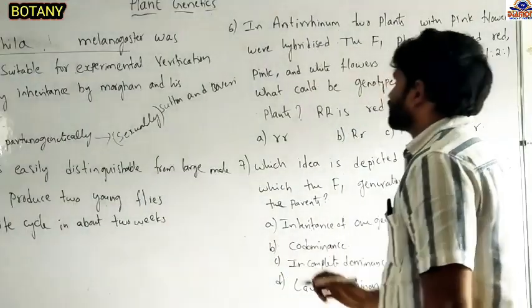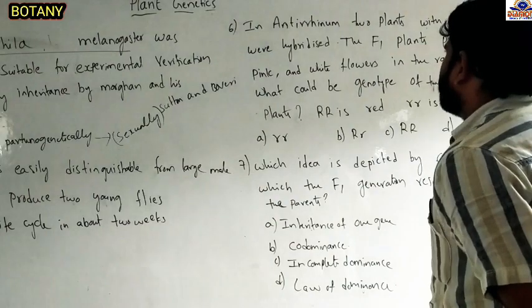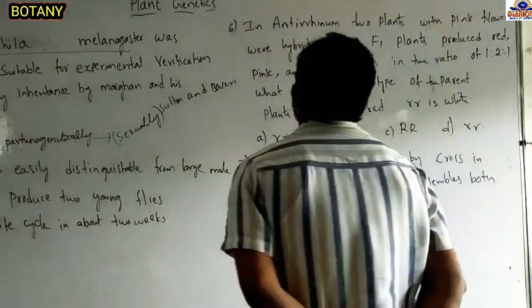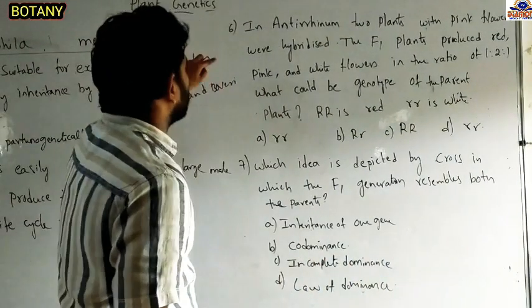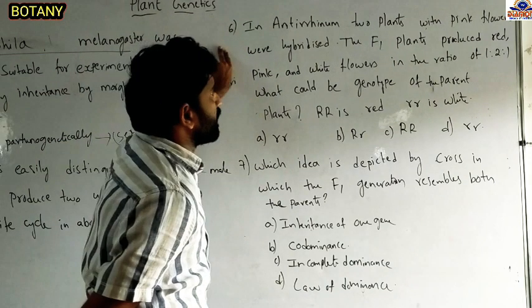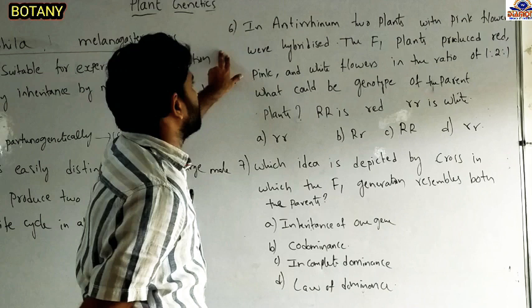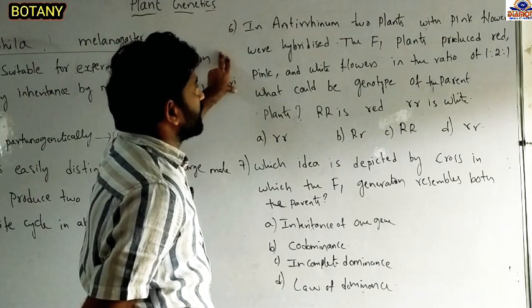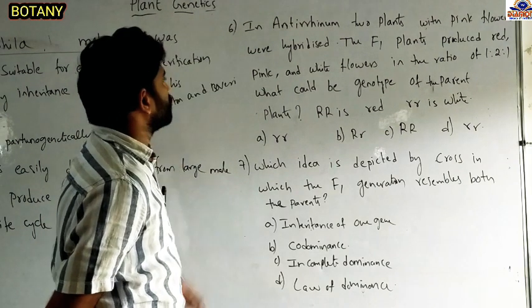And next question. In Antirrhinum, two plants with pink flowers were hybridized. The F1 plants produce red, pink, and white flowers in the ratio of 1 to 2 to 1.